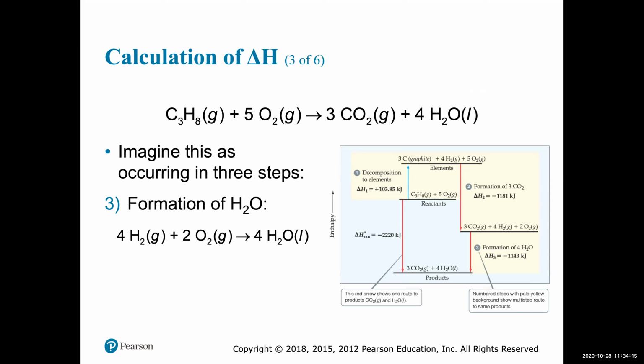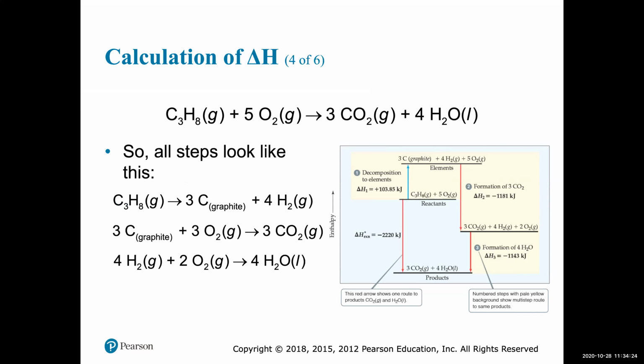Then we have the formation of water, where we have hydrogen plus oxygen to give us water. So we have those three reactions. And what we're going to do now is look at those and see if they piece together to give us our final reaction.